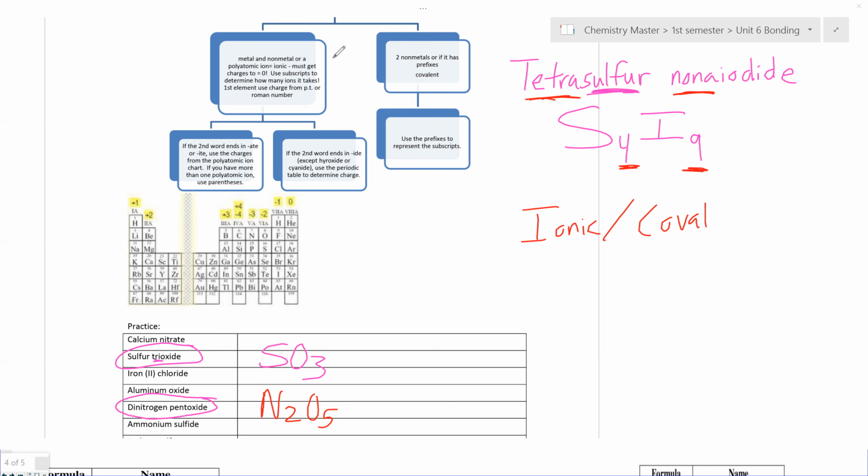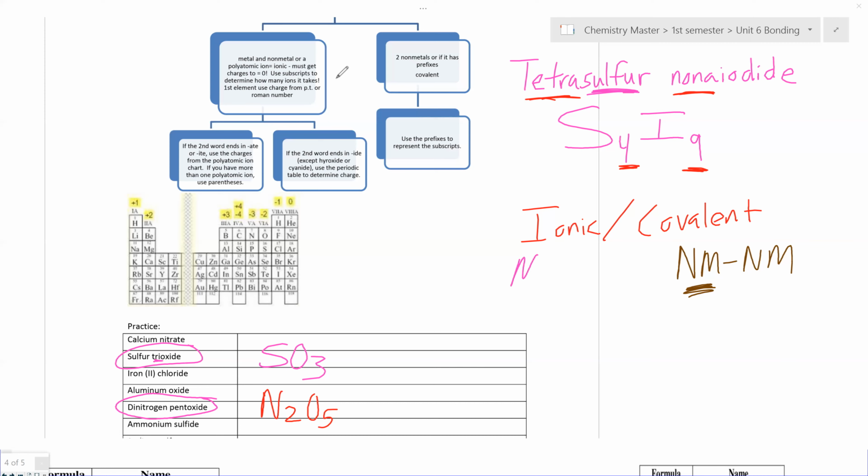And that is always based off of the fact that if it's covalent, you should know because it's going to start with a non-metal. The non-metal and a non-metal. But really, you can just look at the first one. If it starts with a non-metal, it's covalent. If it's ionic, what's it going to start with? What's going to be the first element if it's ionic?